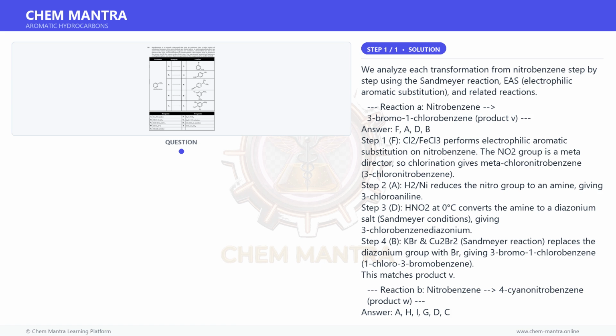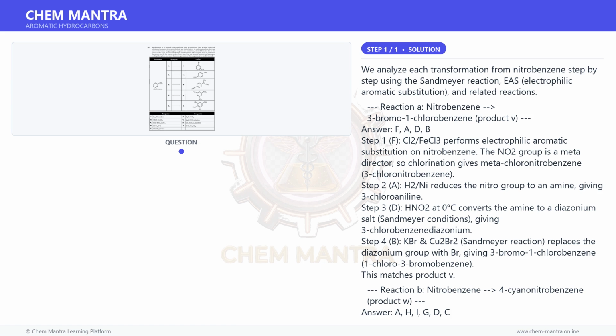Actually, F adds one Cl meta to NO2, giving 3-chloro, then I, HNO3/H2SO4 adds... Wait, let me reconsider. Alternate path, I then F then A. Step 1. HNO3/H2SO4 adds a second NO2 group meta to the first, since NO2 is a meta-director, giving 1,3-dinitrobenzene. Step 2. Cl2/FeCl3.